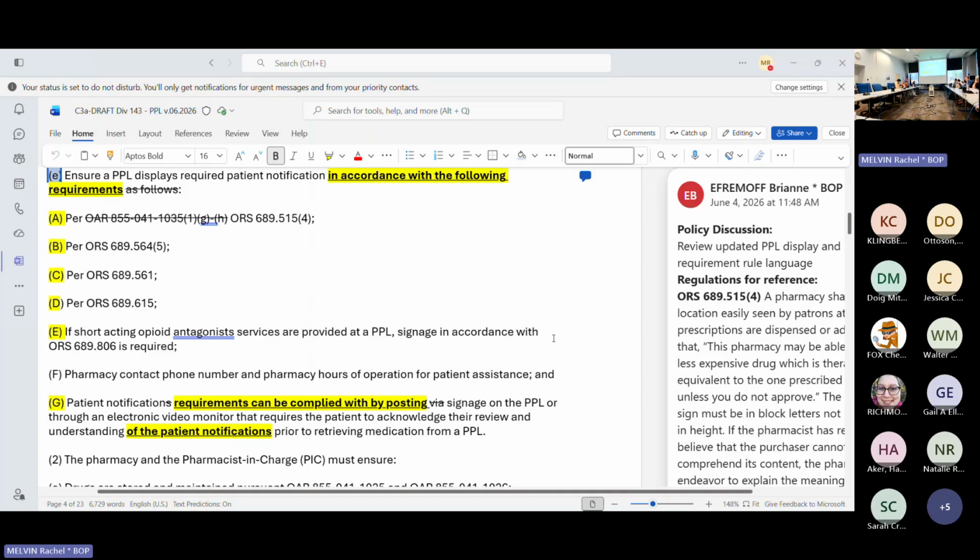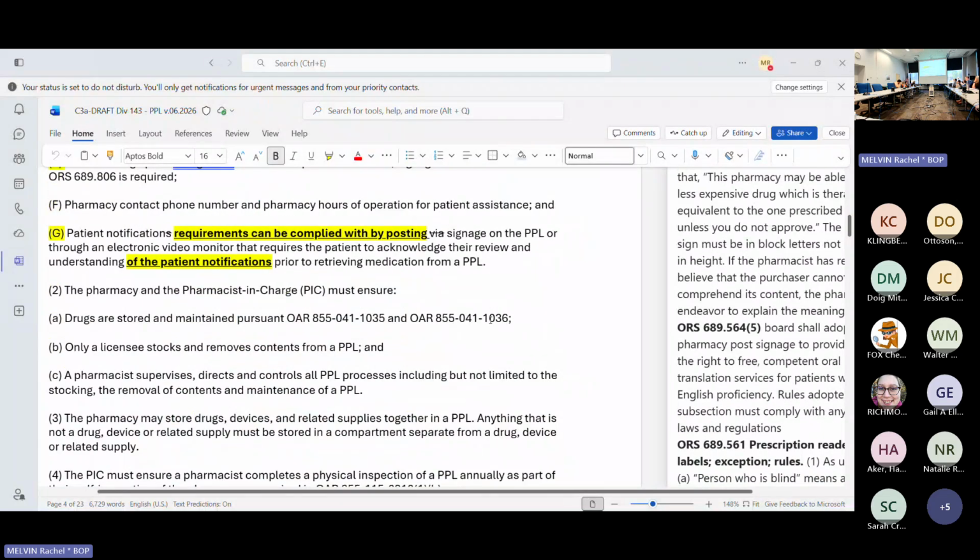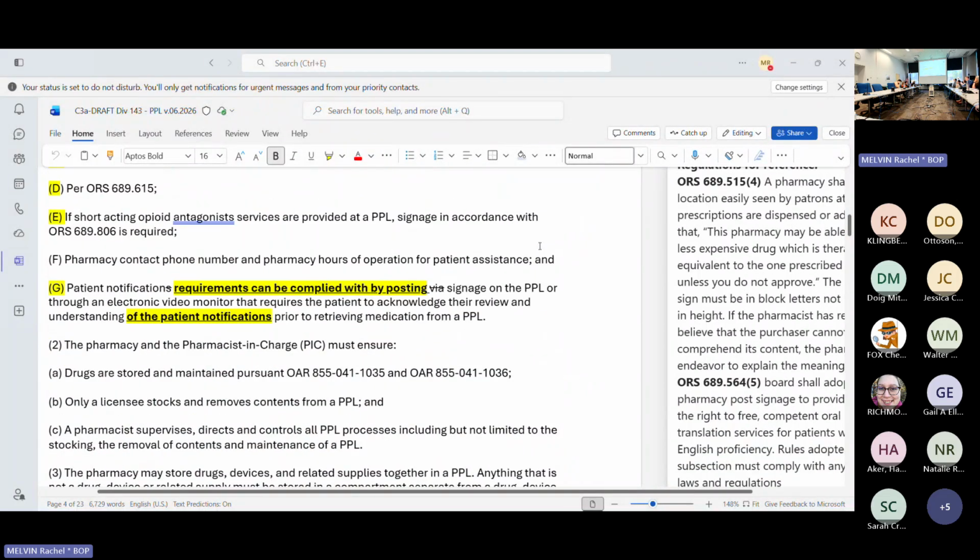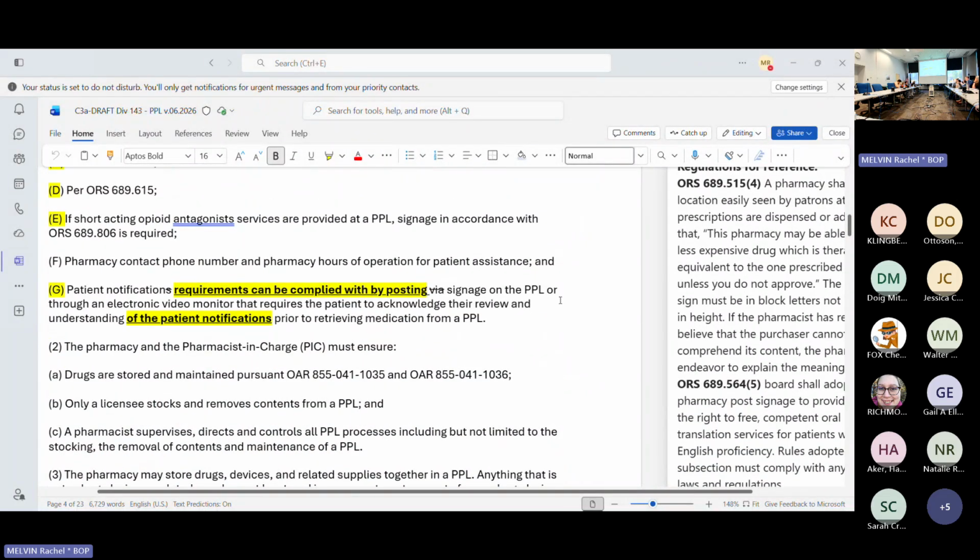This would apply more to a setting like a vending machine model. And paren F, the requirement is pharmacy contact phone number and pharmacy hours of operation for patient assistance. And paren G, again, just a little clarifying in the language to make it read better.